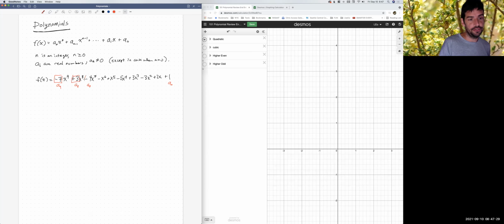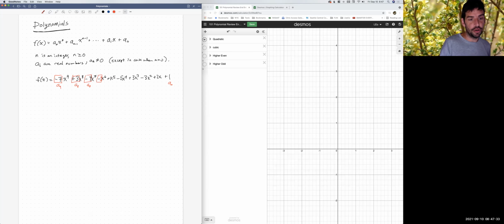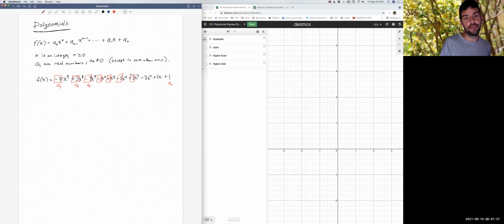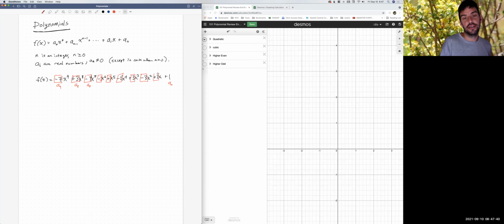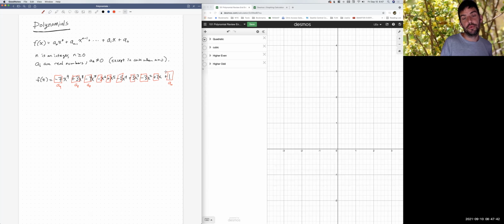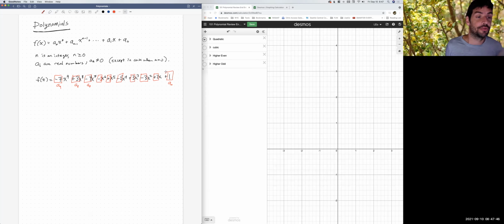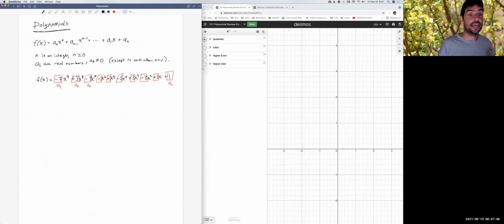They're all real numbers, right? We don't write the 1 here, but there's a negative 1 there. There's a positive 1 here, negative 5, a 3, a negative 3, a 2, and a 1, right? So those are the a sub i's in that instance. This is the case where n equals 9.